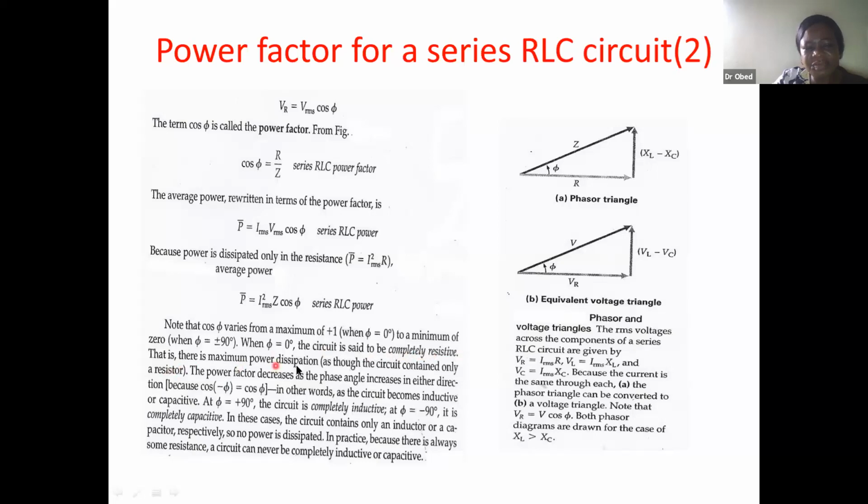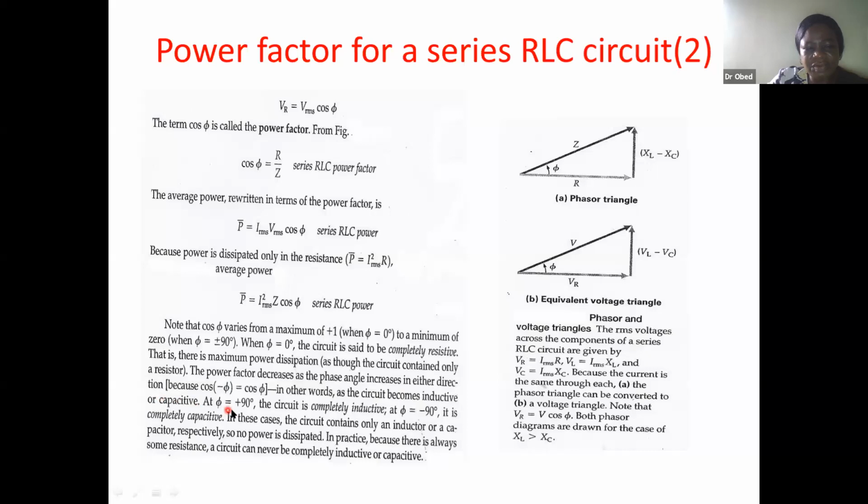That is, there is maximum power dissipation, as though the circuit contained only a resistor. So the power factor decreases as the phase angle increases in either direction, because cos minus phi is equal to cos phi. In other words, as the circuit becomes inductive or capacitive.